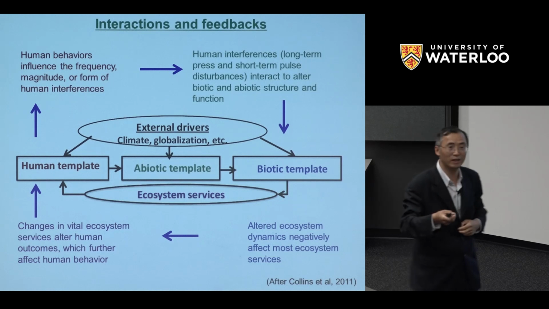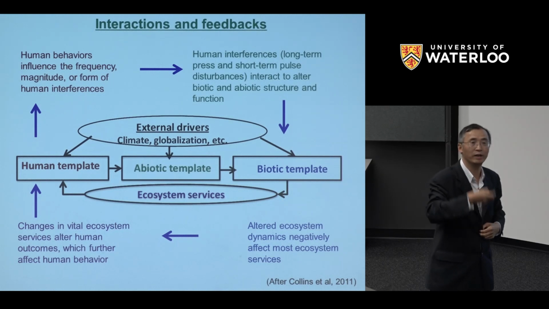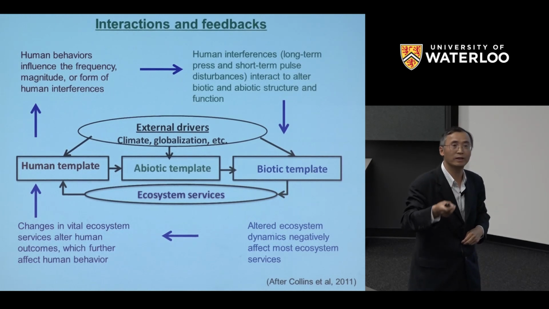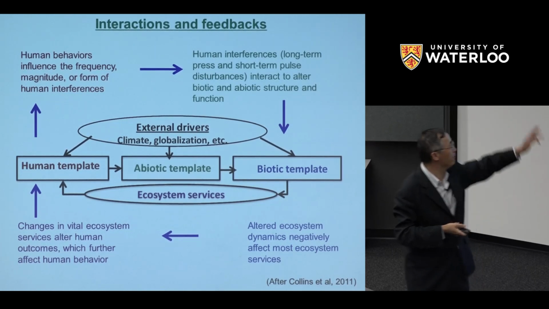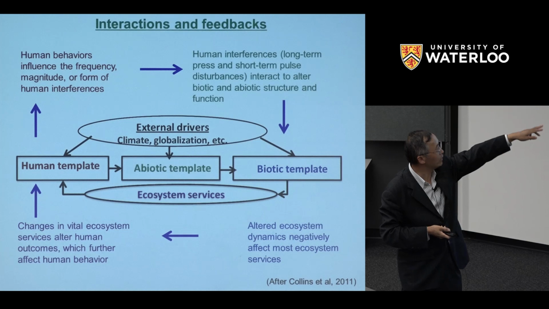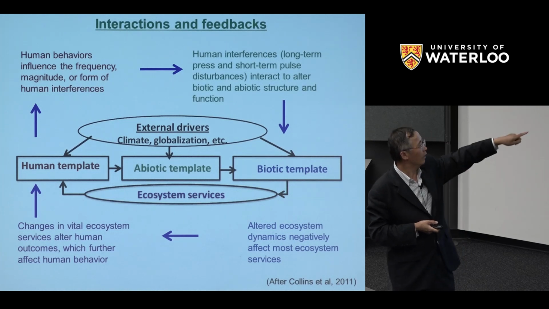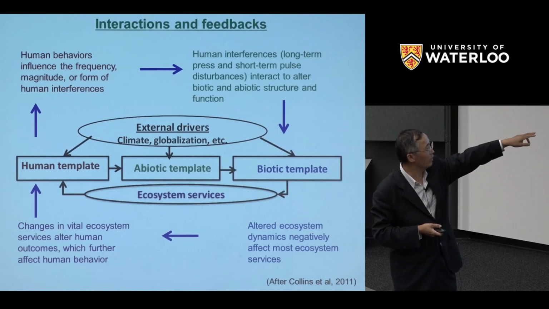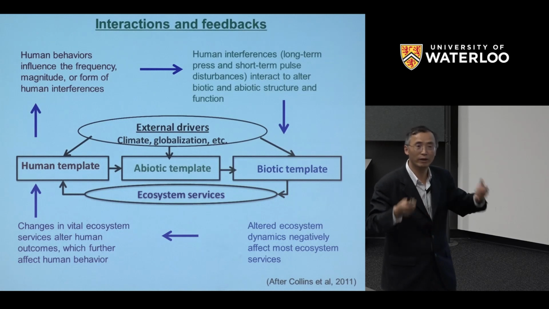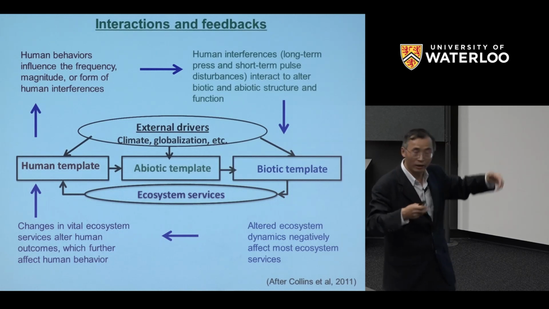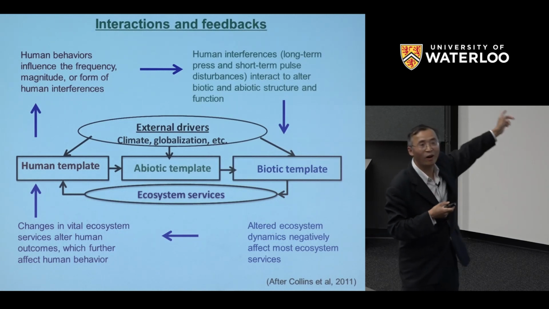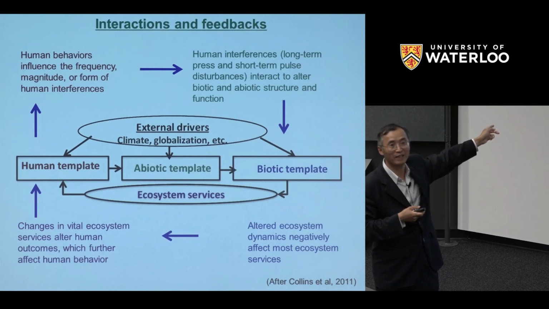We have so many examples of that, right? With very extensive water use, the ecosystems will be seriously affected. And then particularly in the biotic template, if some changes are very intensive, that could cause the attention of the human side, human society.